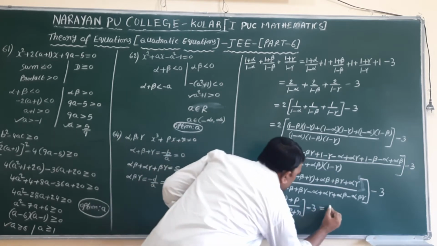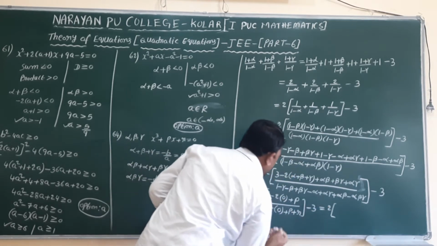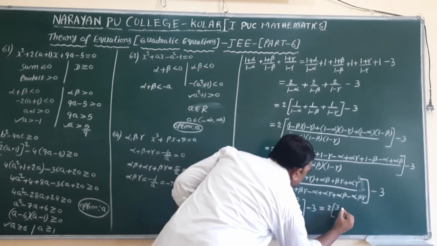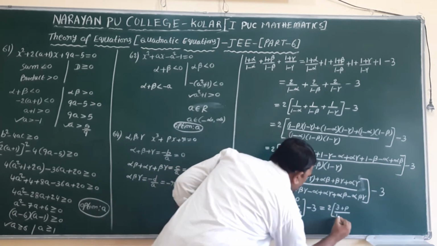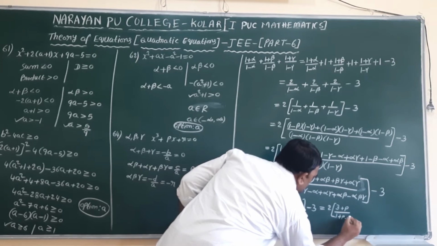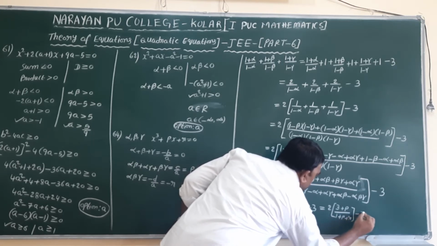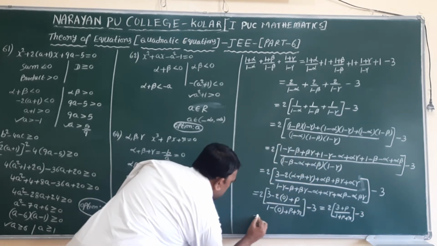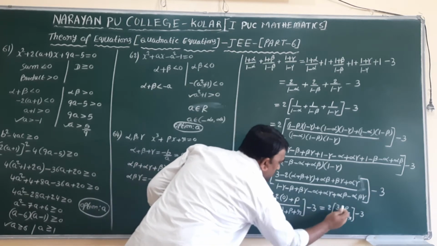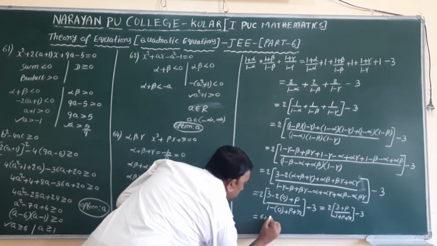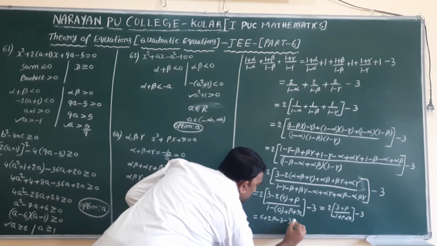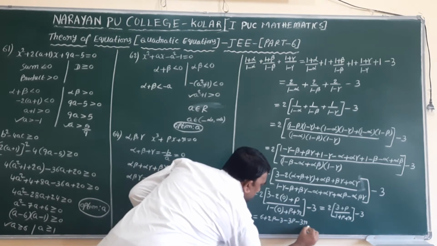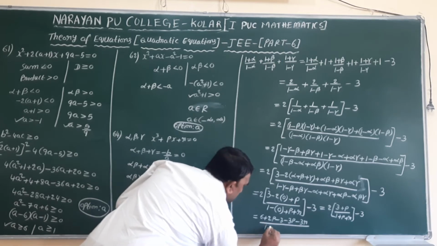Simplify that, 2 into (3 plus P) divided by (1 plus P plus R), minus 3. So take LCM and multiply with 2: 6 plus 2P minus 3 minus 3P minus 3R divided by 1 plus P plus R.